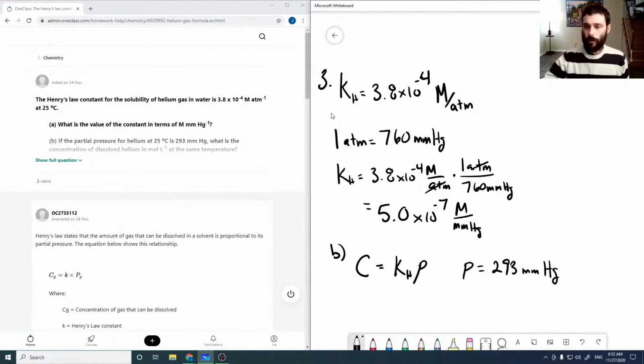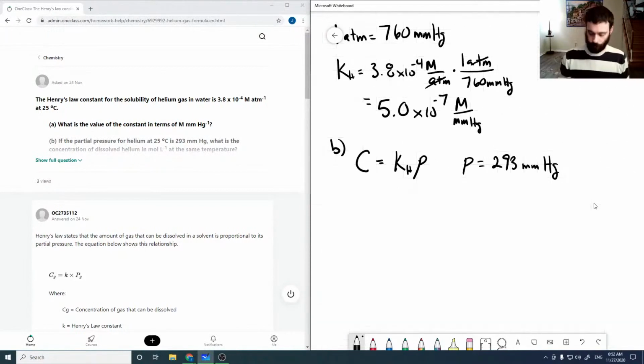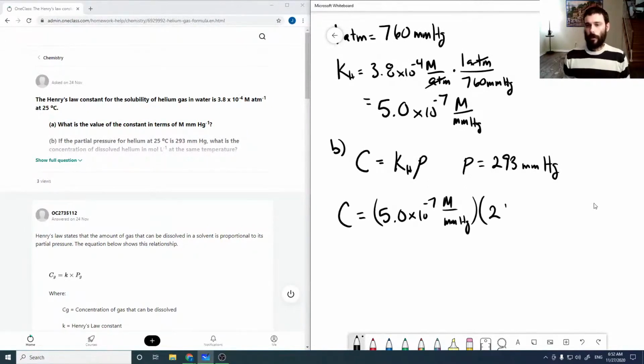We just go through this equation. Our concentration will be 5.0 times 10 to the minus 7 molar per millimeters mercury, multiplied by the partial pressure, which comes out to be 1.465 times 10 to the minus 4 molar.